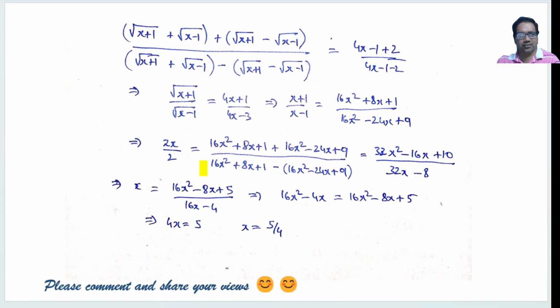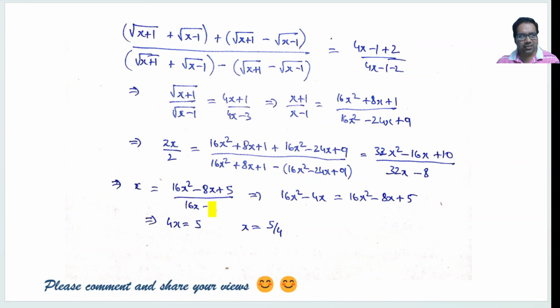The numerator is this. 16 minus 16, this will go away. 8 minus of minus will become plus: 8 plus 24, 32x, plus 1 minus 9 will become minus 8. Here we can take 2 common, right? 16x square minus 8x plus 5 will remain on top, and 16x minus 4 will remain on the bottom.